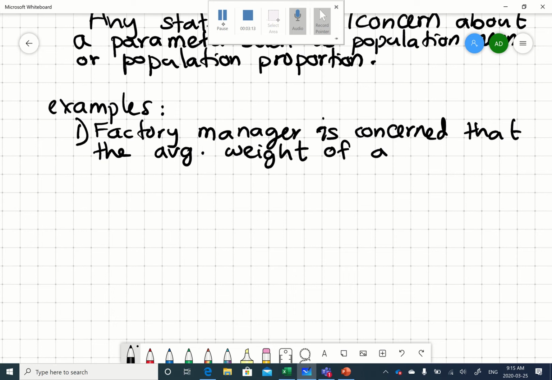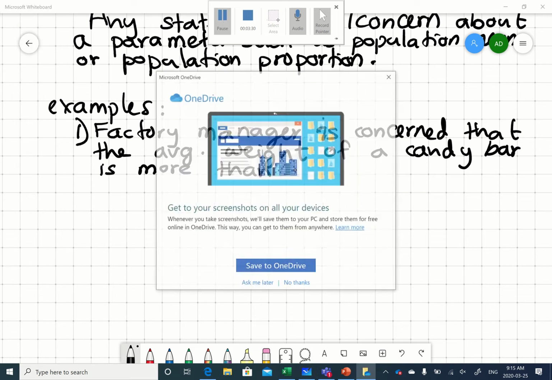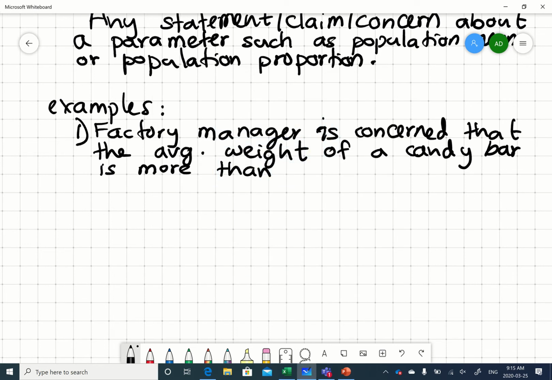Let's say they produce candy bars, and the manager is concerned that the average weight of a candy bar is more than the amount advertised. Let's say they advertise it as weighing 250 grams.